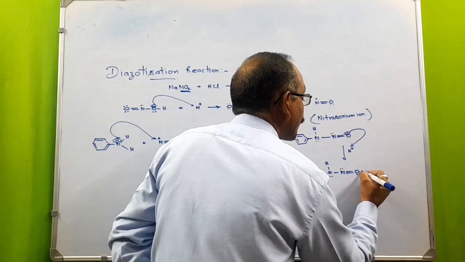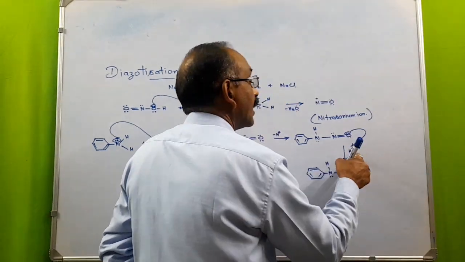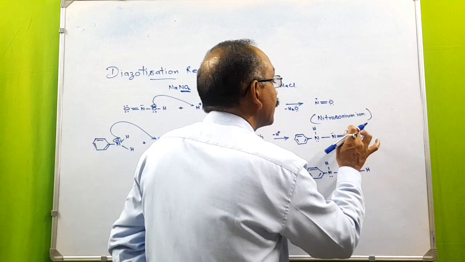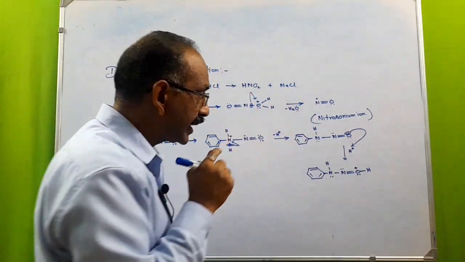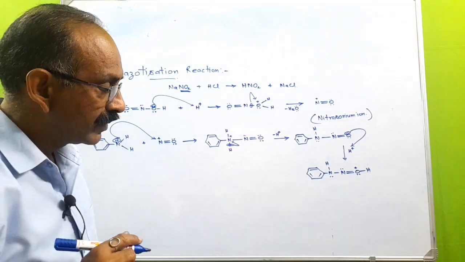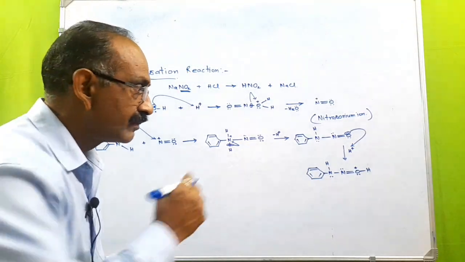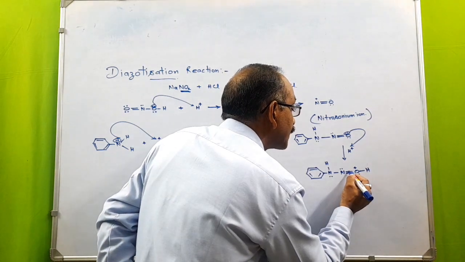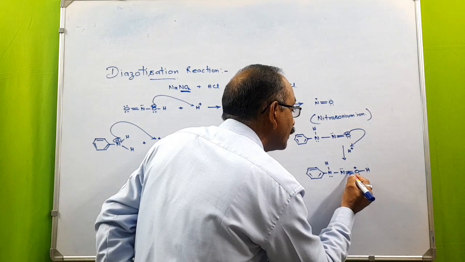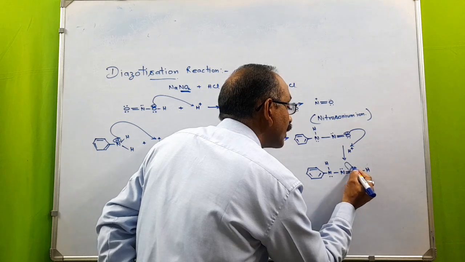Only one pair of electrons will be left over oxygen. The proton will form a bond with this oxygen, and because oxygen has donated an electron pair, it will become electron deficient. Now to compensate its positive charge, the electron pair of this pi bond, the NO pi bond, shifts over the oxygen.